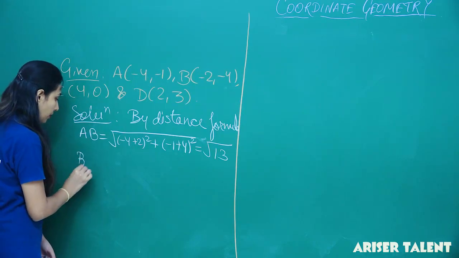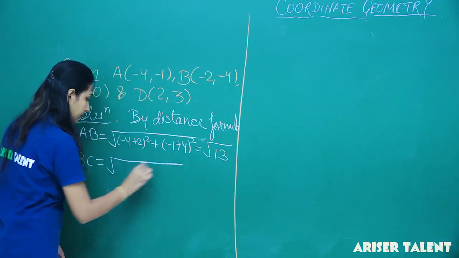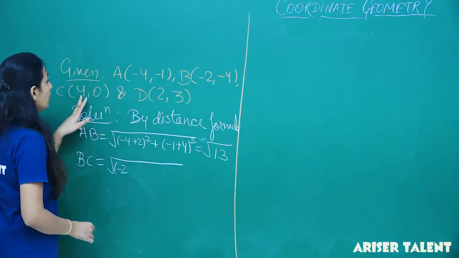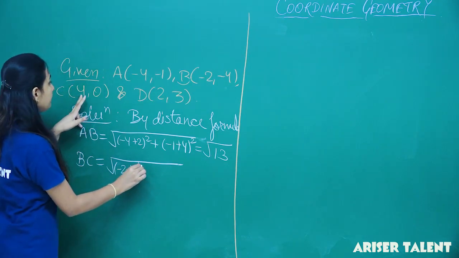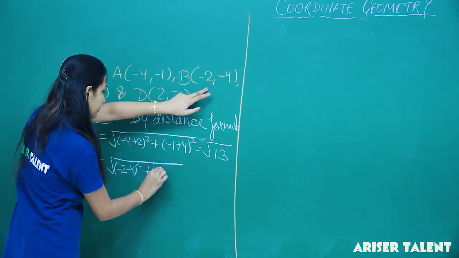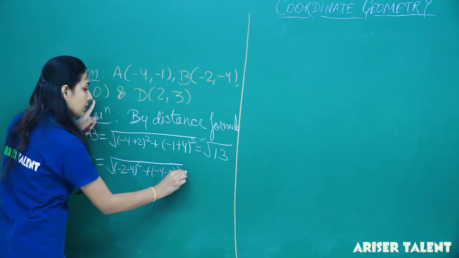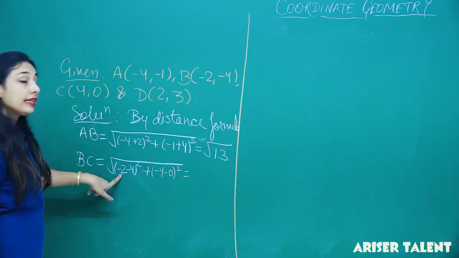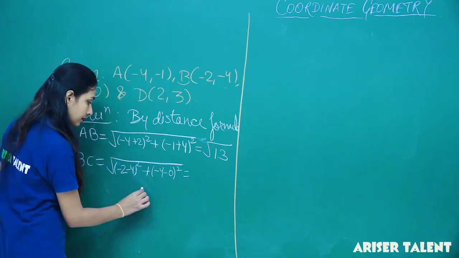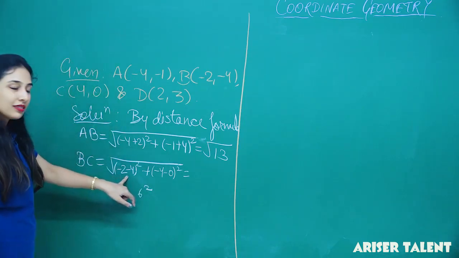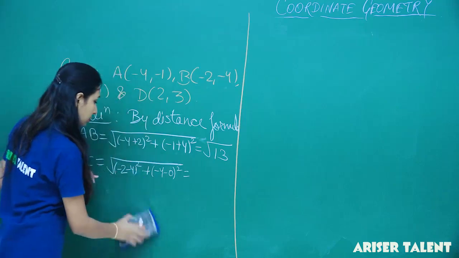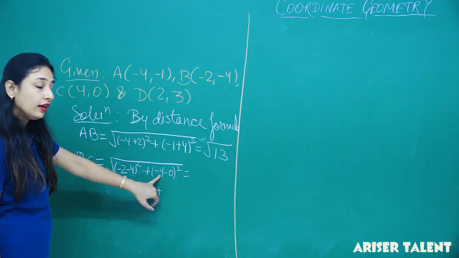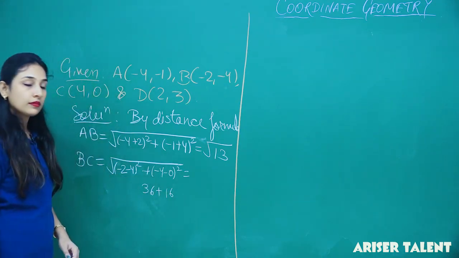Okay, now I'll talk about B and C points. If I talk about B and C, it is (-2 - 4) square plus (-4 - 0) square. So that will be minus 6 square, that is 36, plus 4 square, that is 16.